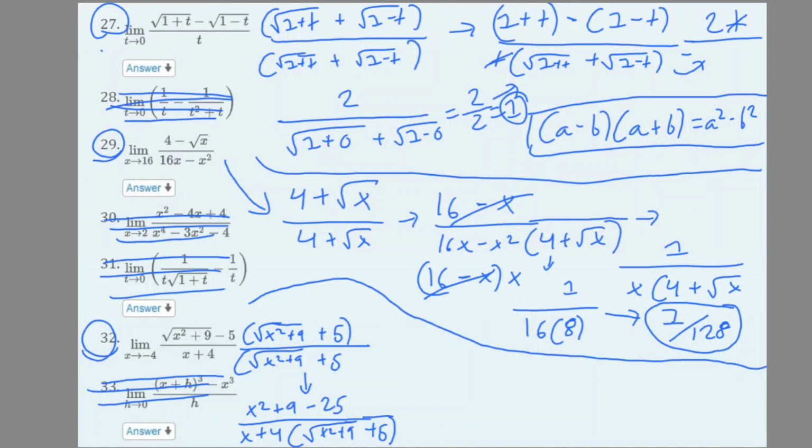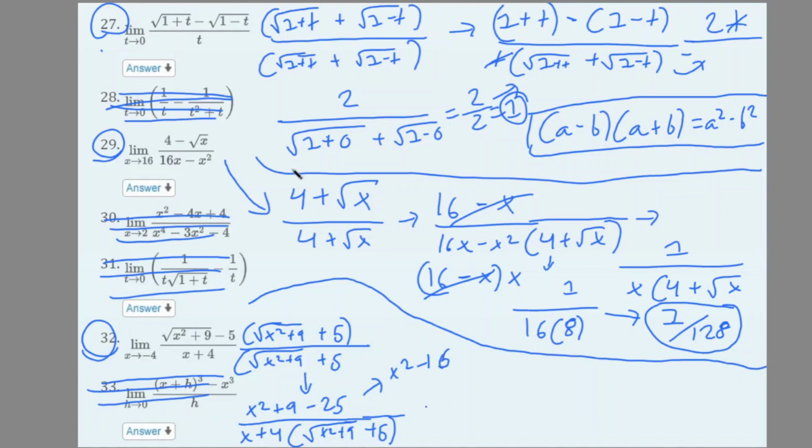Now we're left with this. I believe we could plug in -4, or rather we can't yet, never mind. So for this over here, 9 minus 25 is negative 16, so this is x squared minus 16.